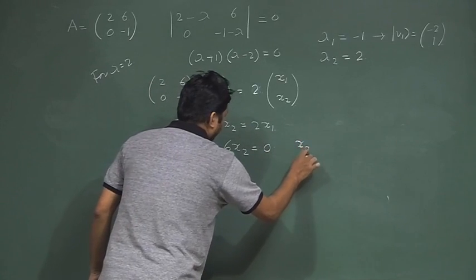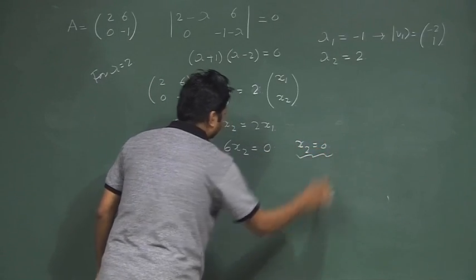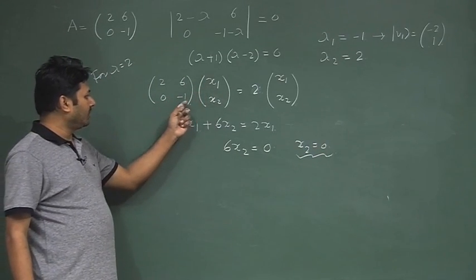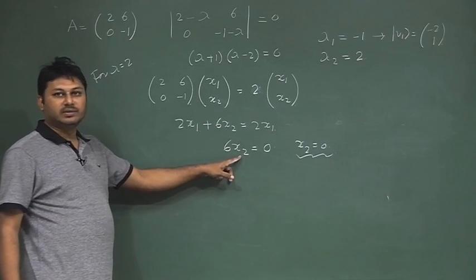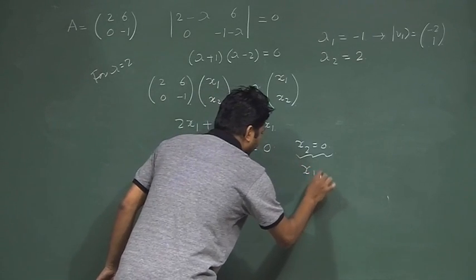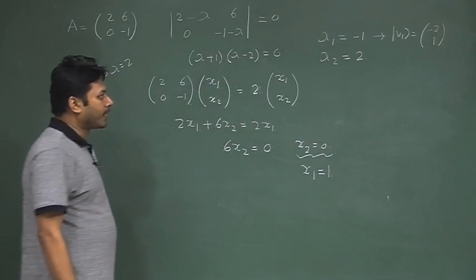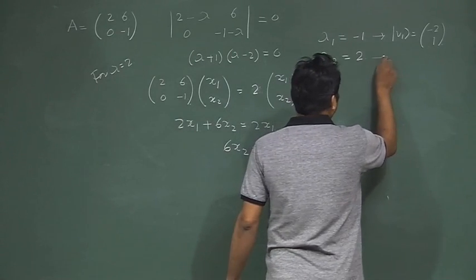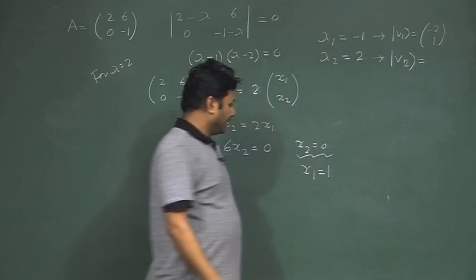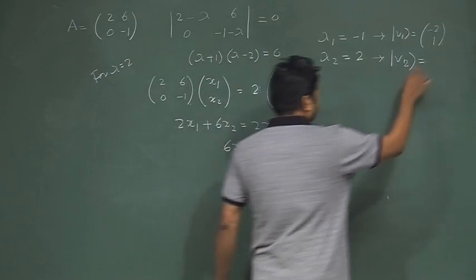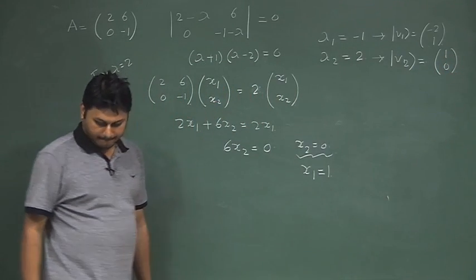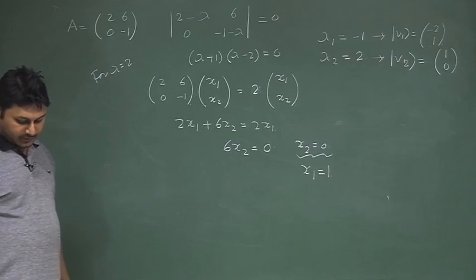So that means from one equation I get x2 equal to 0. If x2 is equal to 0, in the second expression I will also get the same thing. So I can put x1 arbitrarily, say I put it as 1. So this eigenvector v2 is something like [1, 0].